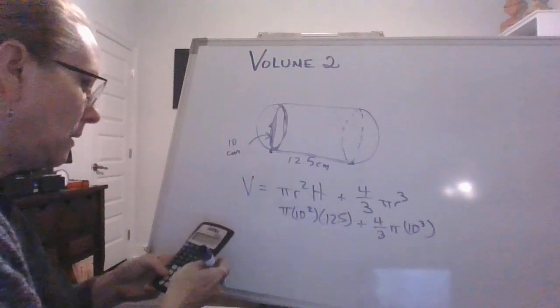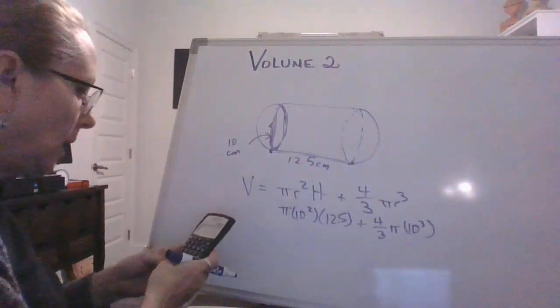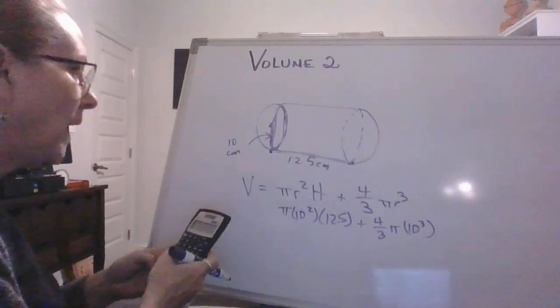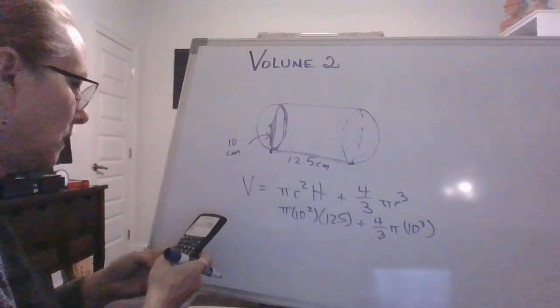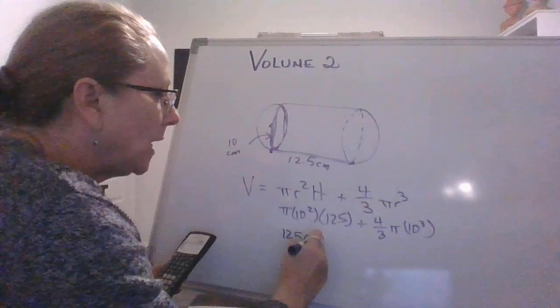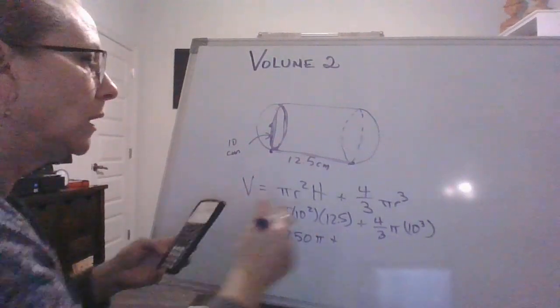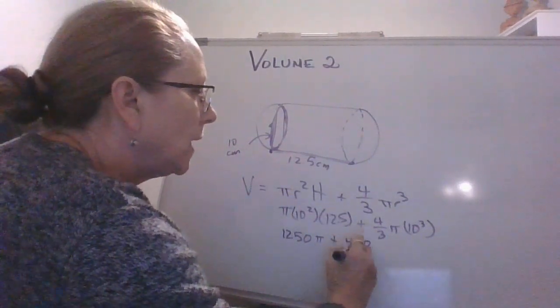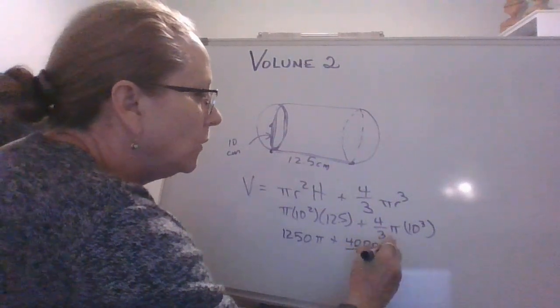So I'm going to separate this again. I've got 12.5 times 100, which is 1,250 pi here, plus 4,000 over 3 pi here.